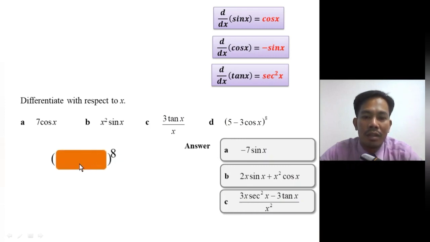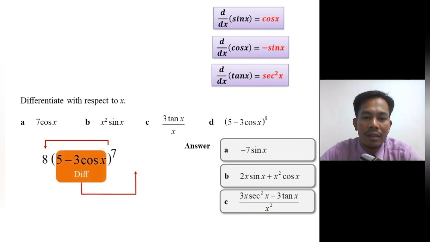After covering it up, you bring that index in front. Then you subtract 1 from it, so it will become 7. Then you bring back the one you covered up, and differentiate it as a value, which is 3 sine x.